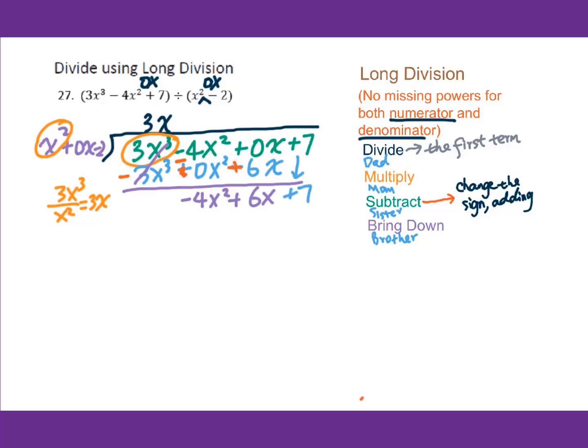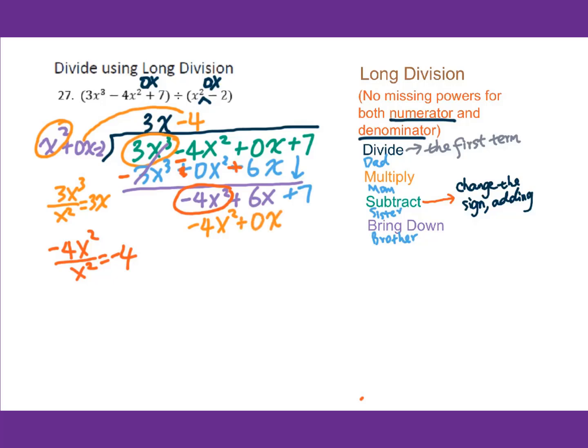Then we go to the divide, means the first term divide. Negative 4x squared divided by x squared equals negative 4. So we write down negative 4 here. Negative 4x squared. The first term is always the same. Then negative 4 times 0x, that is 0x.